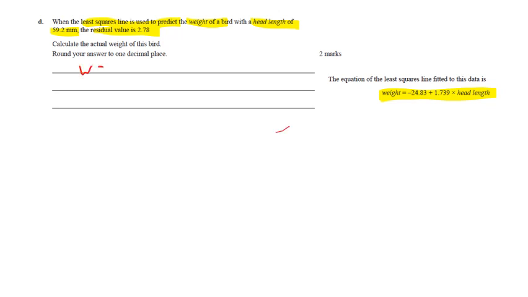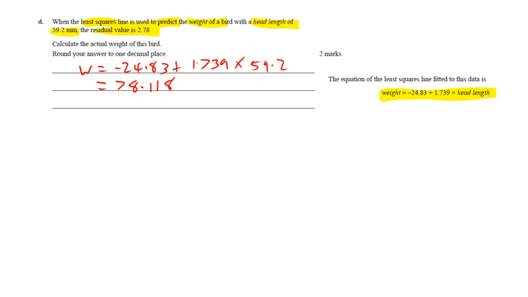So we know W equals, how many times have we written this out so far? 24.83 plus 1.739 times, they've given us a head length of 59.2, and if we put that into the calculator, it should spit out 78.118.